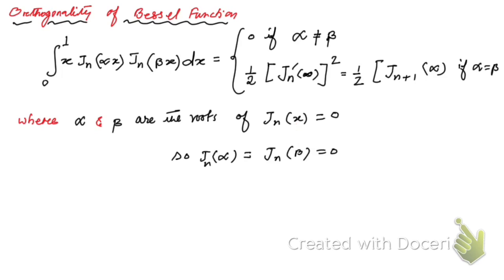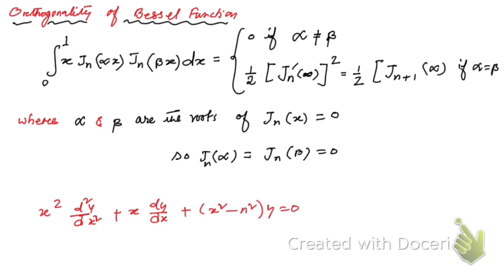So now let us prove this. Before we prove this, let me tell you one more thing. We know that Bessel's equation is given by x square second order derivative of y with respect to x plus x into dy by dx plus x square minus n square y is equal to 0.